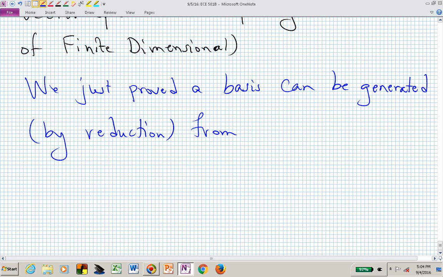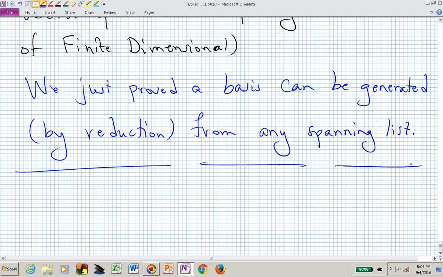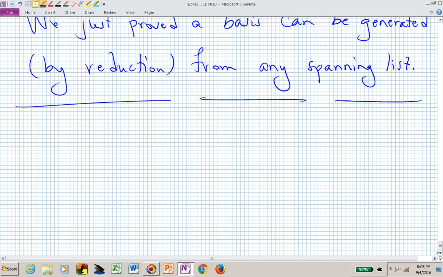So we just proved a basis can be generated from any spanning list, and if somebody gives us a finite dimensional vector space, we know that we can find a spanning list that spans that vector space. That's then the way of creating a basis, a set of basis vectors by reduction, starting out with more than we need and getting rid of what we don't need.